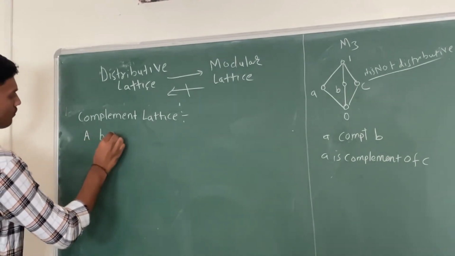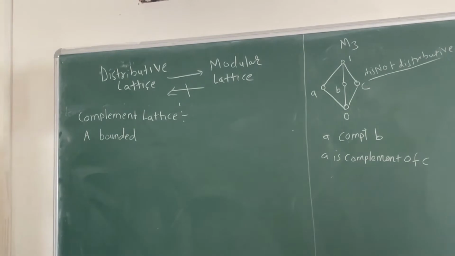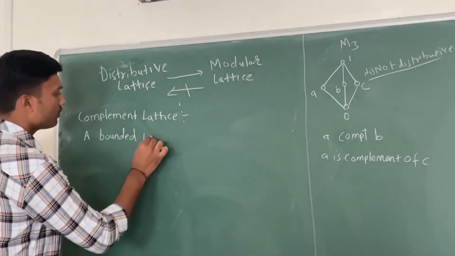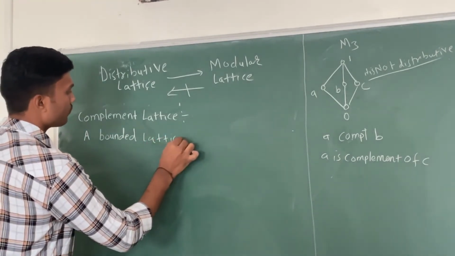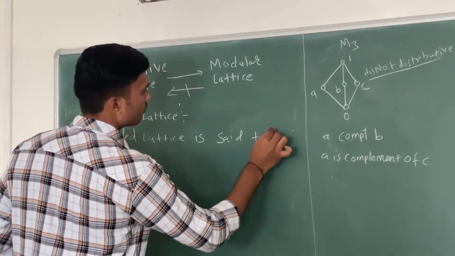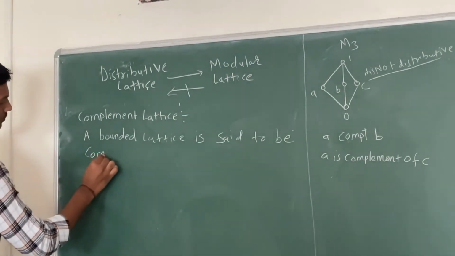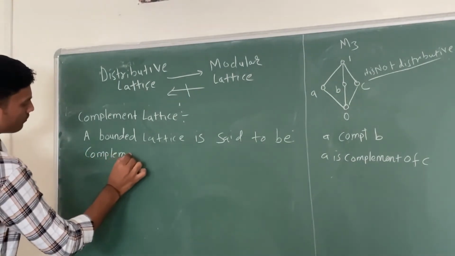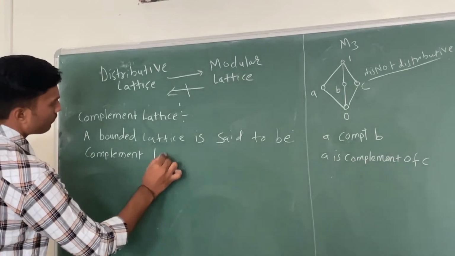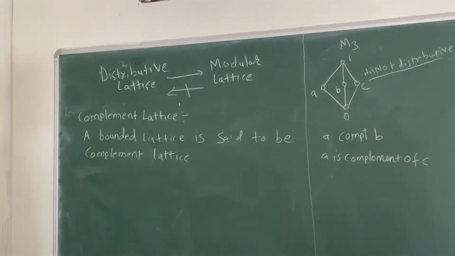A bounded lattice is said to be complement lattice if every element has a complement.